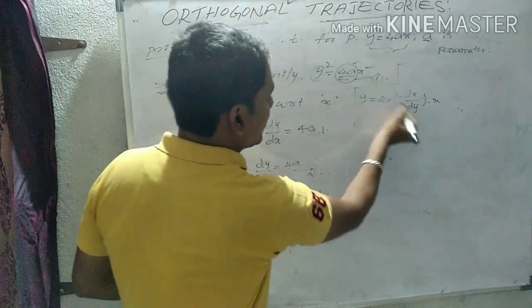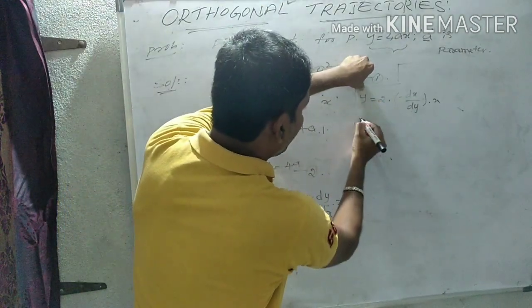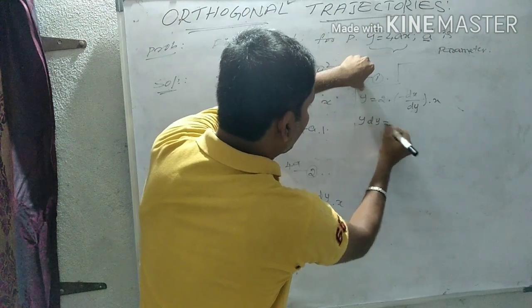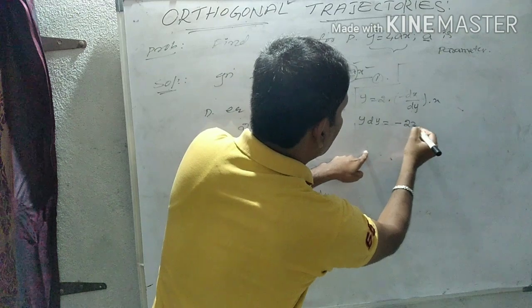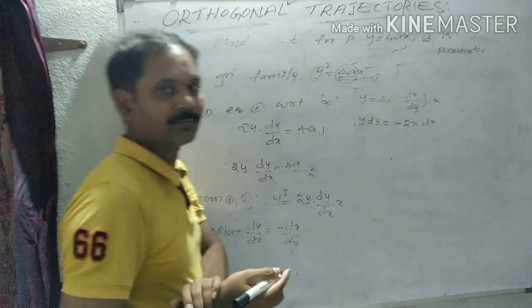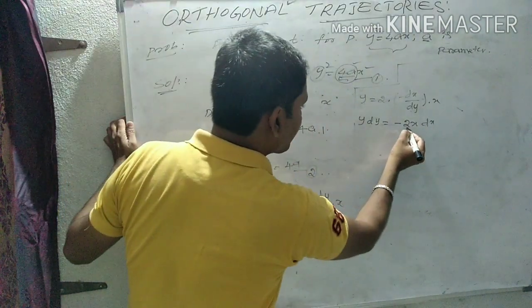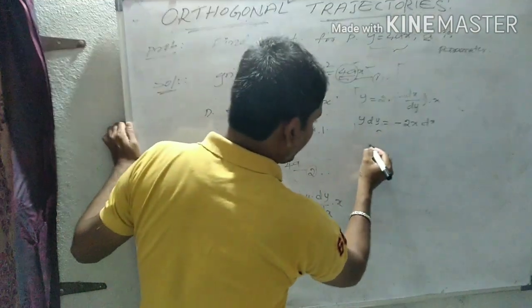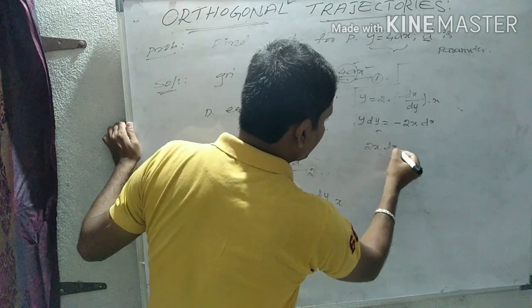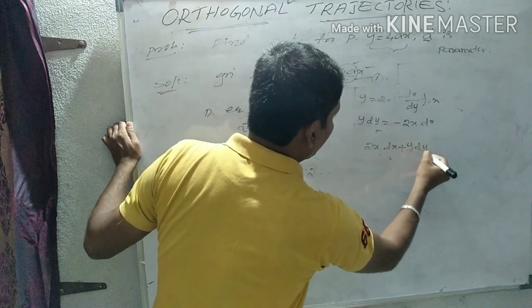Isn't it? After cross multiplication, y into dy equal minus 2 into x, 2x dx. If we get minus 2x dx on the left side, we can write 2x dx plus y dy equal 0.